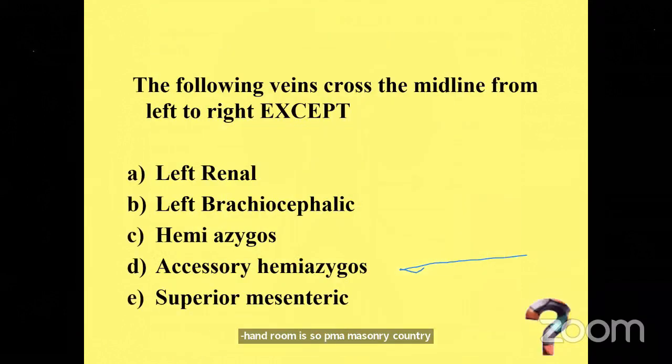Now the next is, the following veins cross the midline from left to right, except. You have the left renal vein, left brachiocephalic vein, hemiazygos, accessory hemiazygos, superior mesenteric. The question is, which is the vein which does not cross from the left side to the right side?